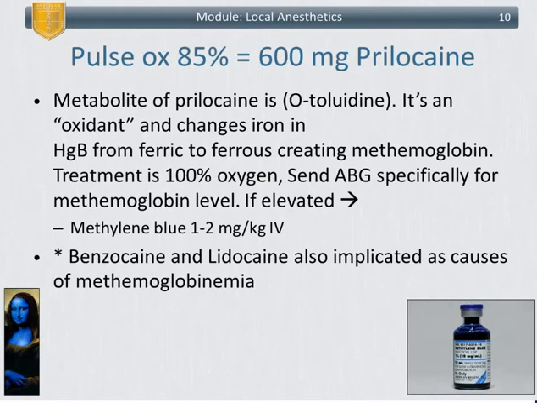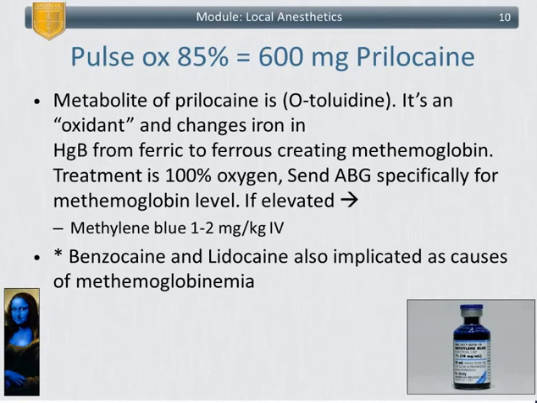Other issues that can occur. Prilocaine has a metabolite that is an oxidant, which changes the iron in hemoglobin from ferrous to ferric, creating methemoglobin. If you give prilocaine in doses greater than 600 milligrams, you're going to get a pulse ox reading of 85%. The treatment is 100% oxygen, and when you send in a blood gas, specifically ask for methemoglobin levels.